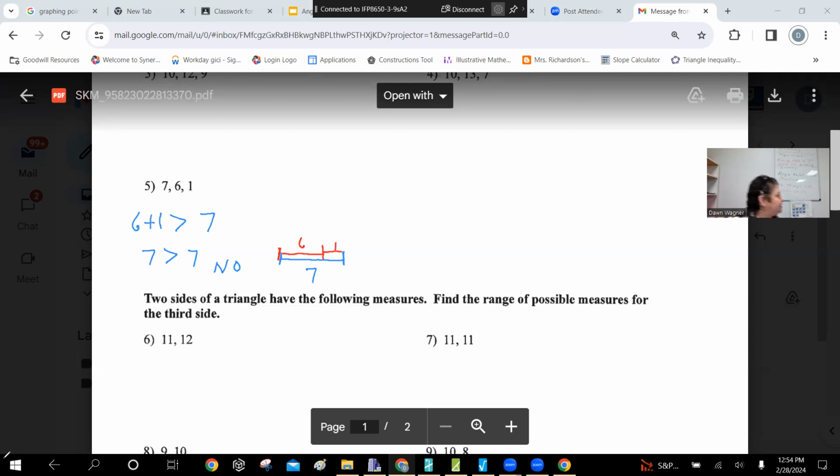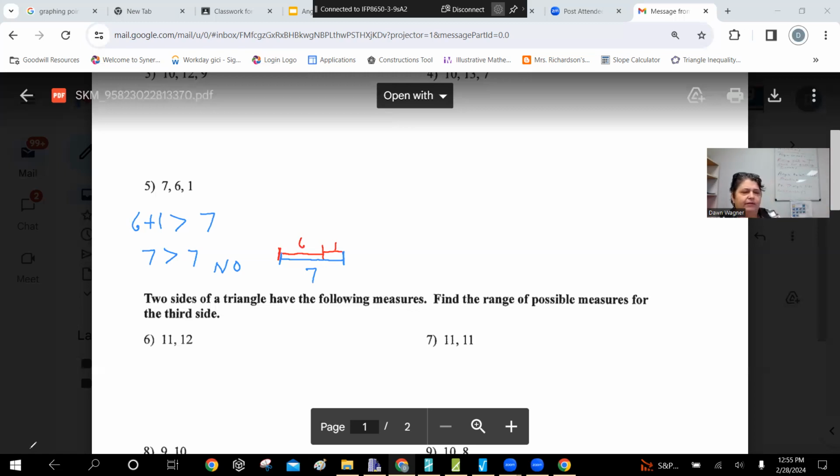The problem is, this is exactly equal, right? If I'm making a triangle, I have to push those up. Well, if I had to push those up, they'll have gaps. So it wouldn't make a triangle. It has to be bigger to make the triangle. The 2 smaller have to be bigger than the largest side. Got it?